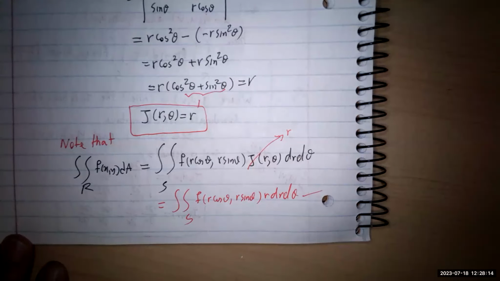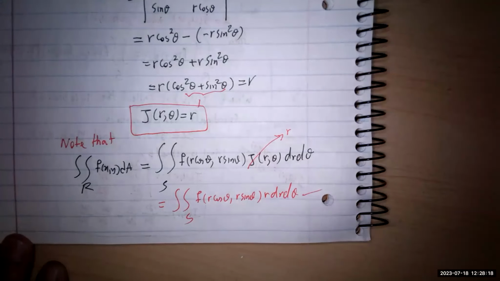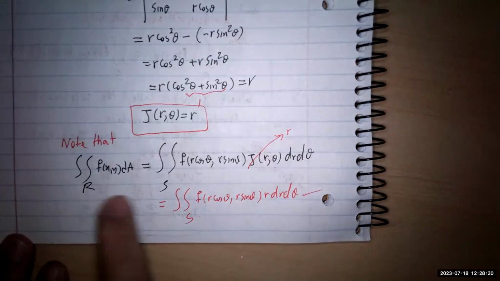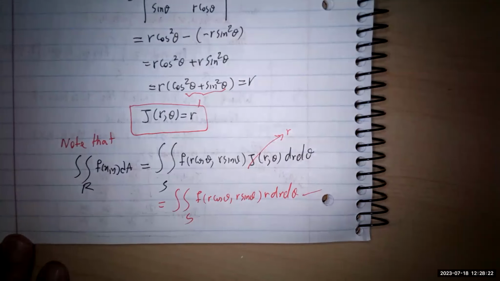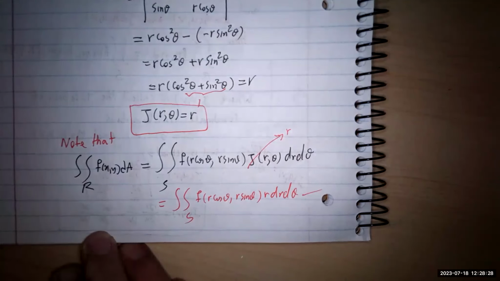It's going to be all over the place. This is the Jacobian for a function of 2 variables. It can be extended to a function of 3 variables. I prefer to talk about the 2 variable case first, then we can go with 3 variables as well.